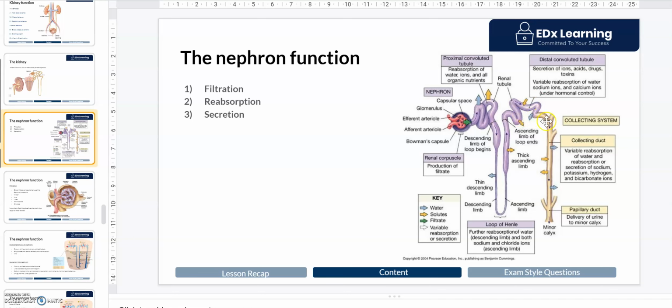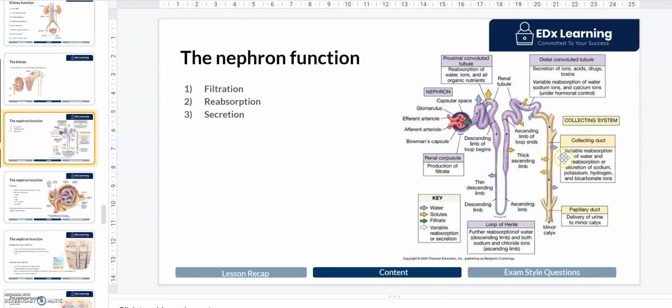Finally, at this point, you've reached a filtrate that is very low in nutrients, very high in toxins and wastes. So here, we can say this is a pre-modified form of urine, which is going to be modified as it travels through this long duct here.